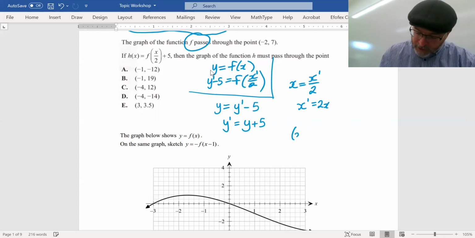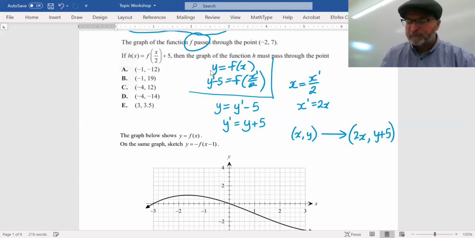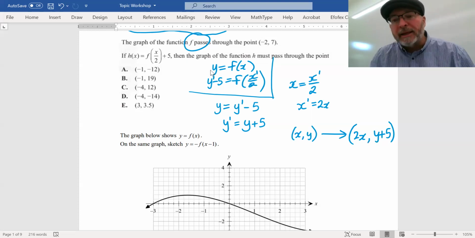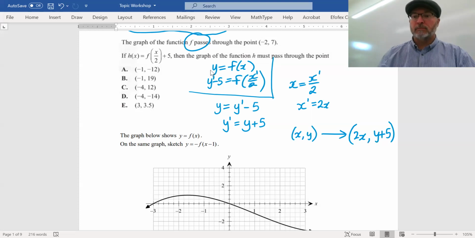In other words, this point x, y turned into 2x and y plus 5. Well, that means you give me any point on the original and I will double the x value to get the image x value, and I will add 5 on to the y value to get the image y value. All right, the point they gave me was -2, 7.